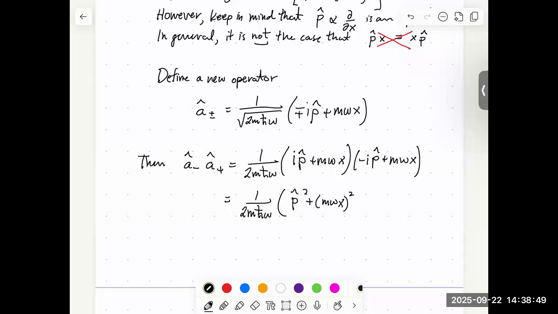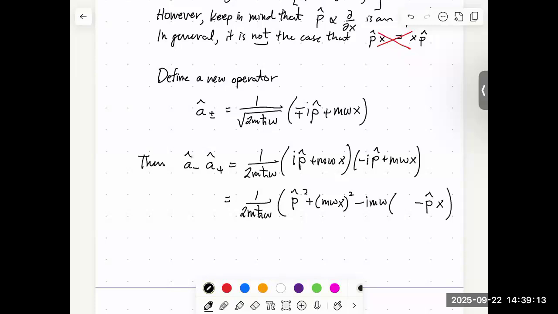We're going to get an i m omega p hat times x, and then a minus p hat x. If I multiply through, the minus signs will cancel.